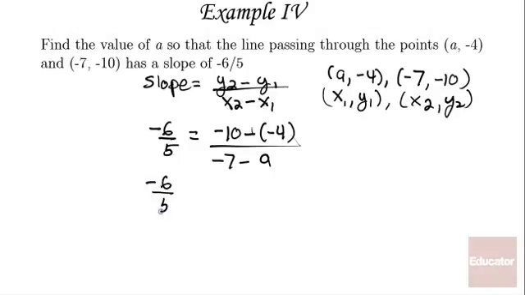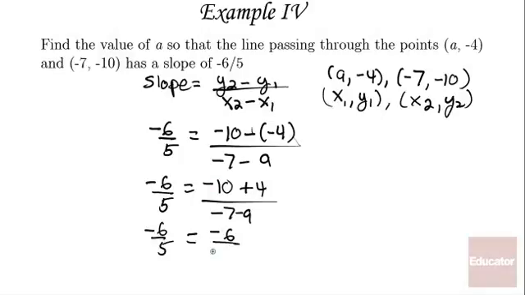So simplify this to make it easier to work with. I get minus 10 minus negative 4, that gives me plus 4, minus 7 minus a. Well, this actually comes out to minus 10 plus 4 is minus 6, over minus 7 minus a. Okay.